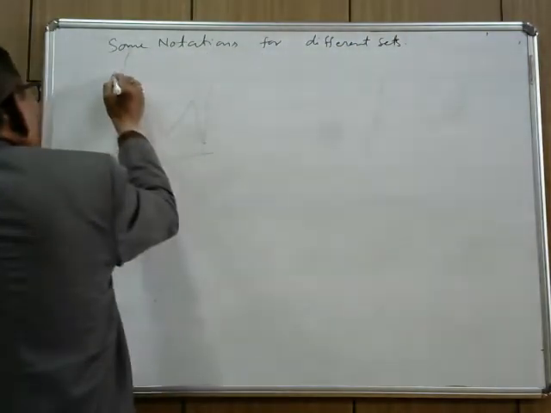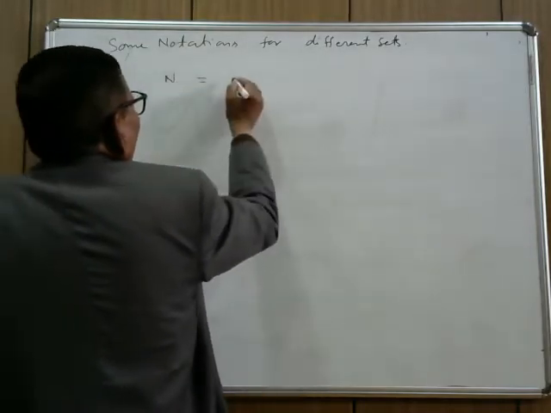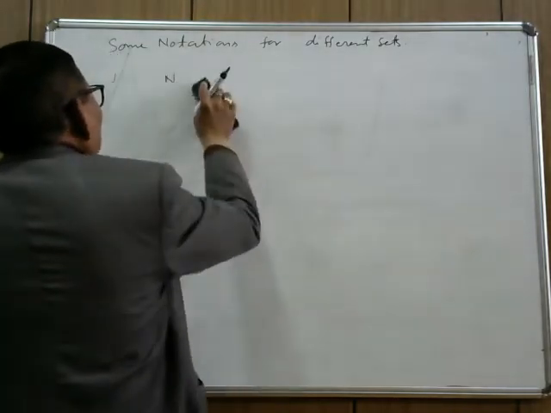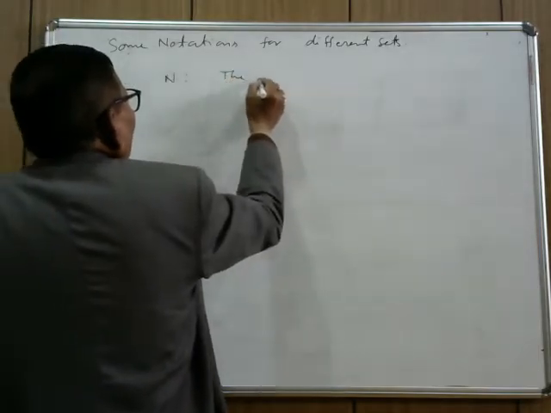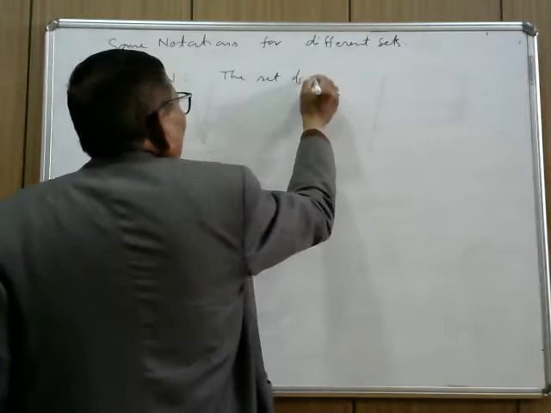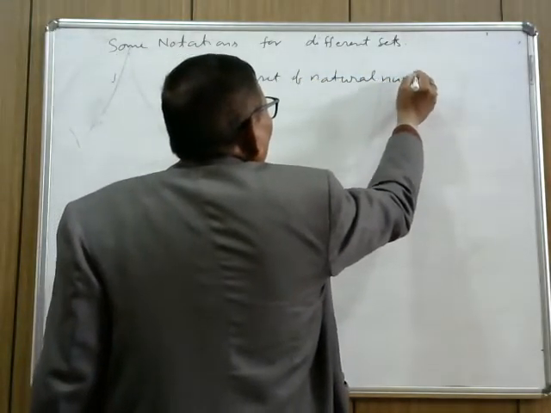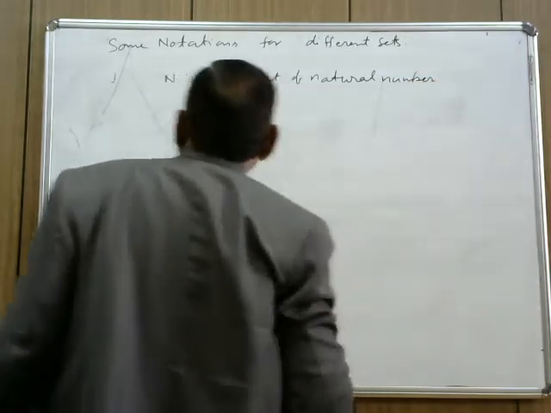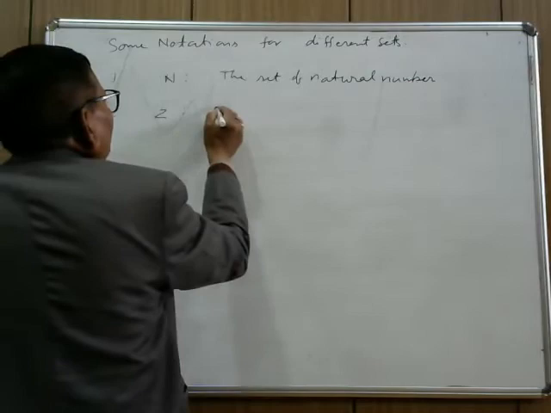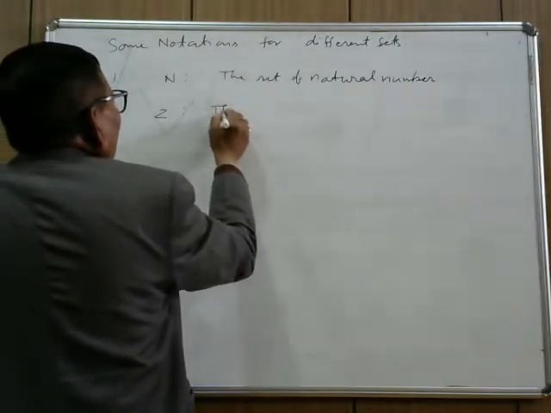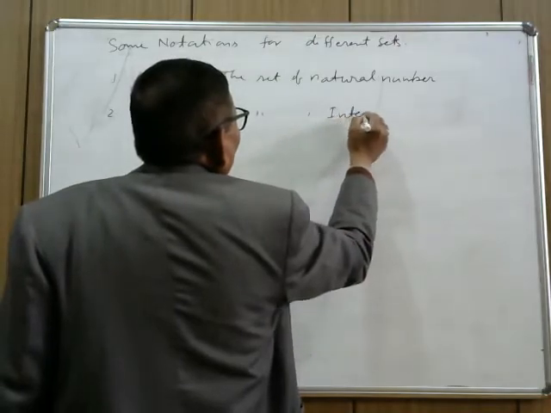Number 1, capital N is used for the set of natural numbers. Second, Z, the set of integers.